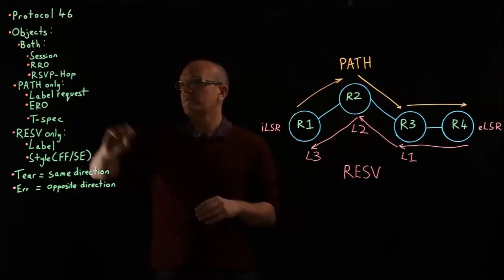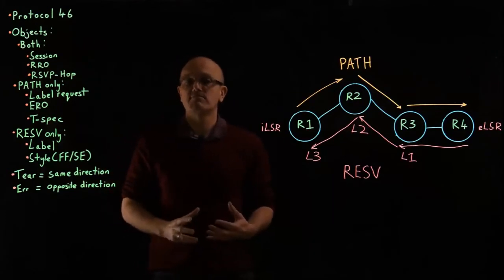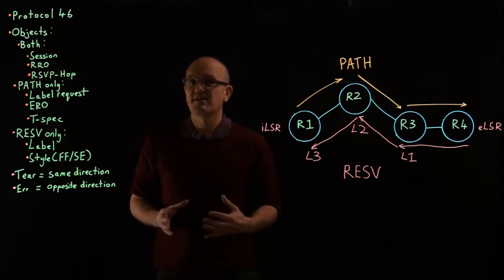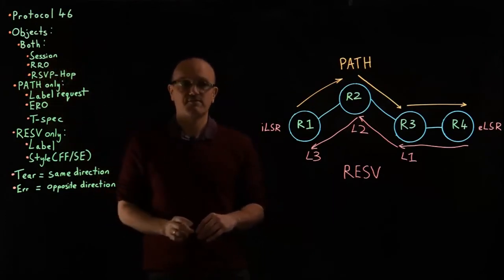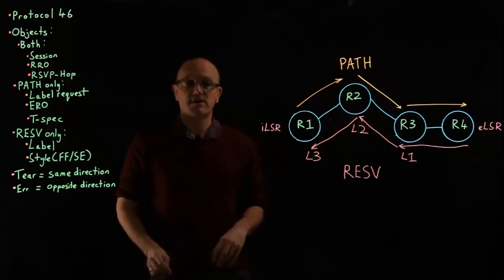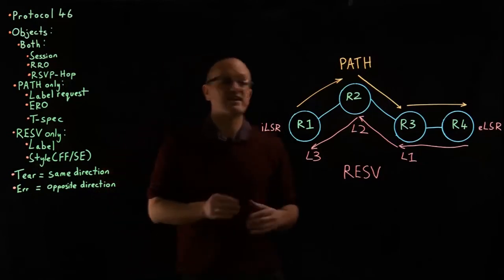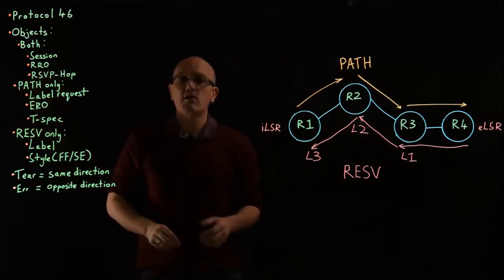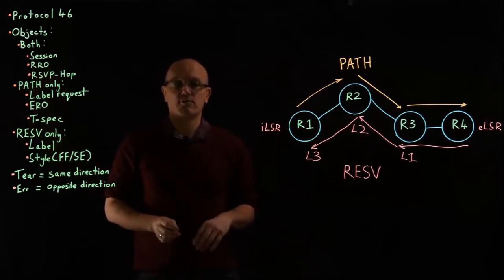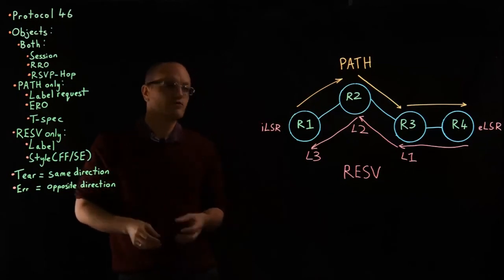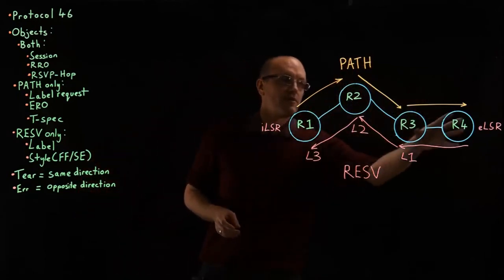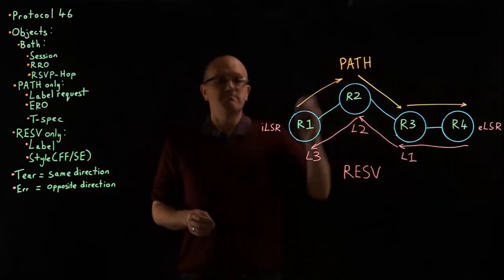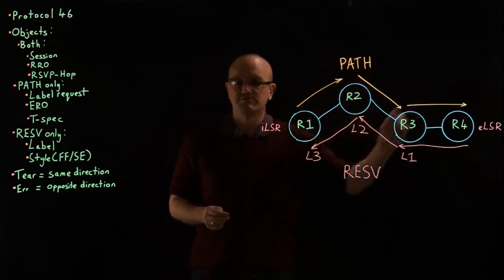Some of these objects you can find in both messages. So these are things like the session object, which is a unique number that identifies a particular LSP. We have the RRO, which is the record route object, which records all of the routers that a particular message has passed through.